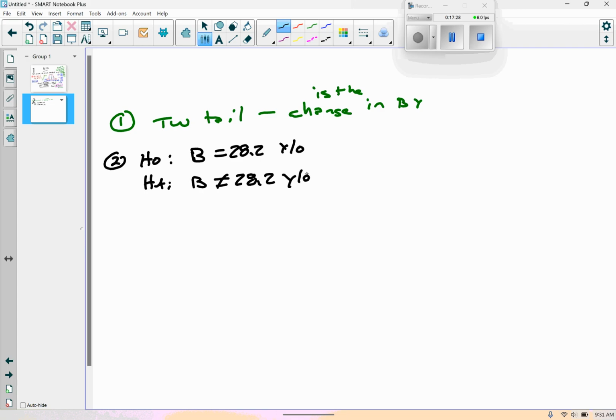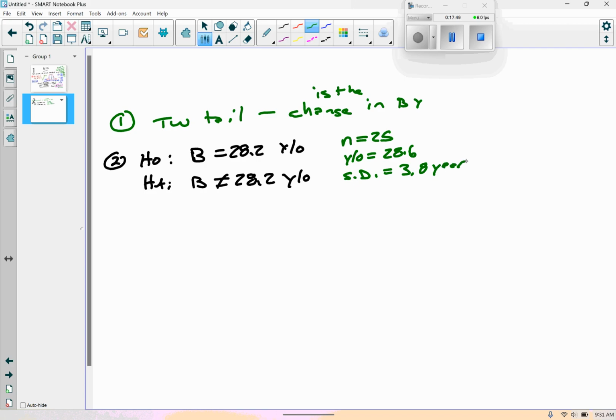Okay. We have a sample of 25 people. The sample showed years old being 28.6. We have a standard deviation of our sample of 3.8 years.